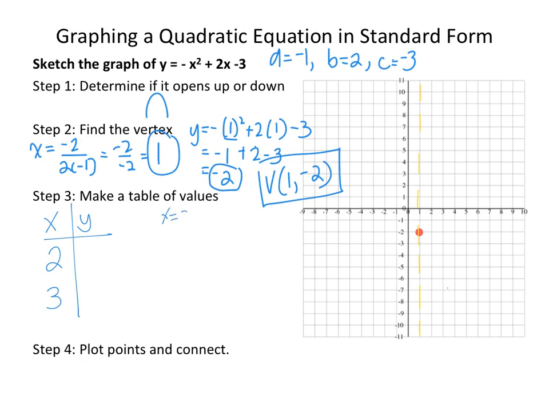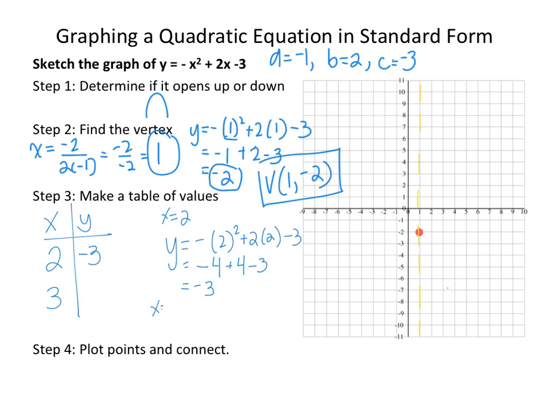So when x is 2, we have y is equal to negative 2 in parentheses, 2 squared, plus 2 times 2 minus 3. 2 squared is 4, but we have this negative in the front, negative 4 plus 4 minus 3. Negative 4 plus 4 is 0, minus 3 is negative 3. So a point here, 2, negative 3.